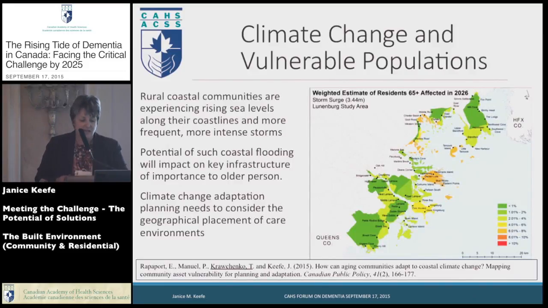In this study, we combined population projections and infrastructure data sets with expected sea level rises and storm surges to the year 2025. What we found revealed the vulnerability of some of the emerging populations of older people, particularly in this area, which is Lunenburg County.